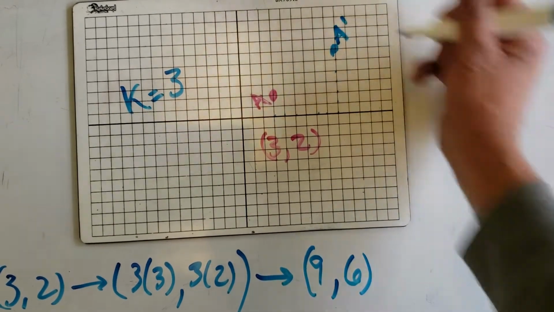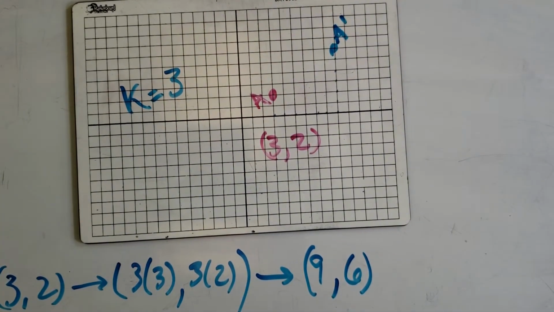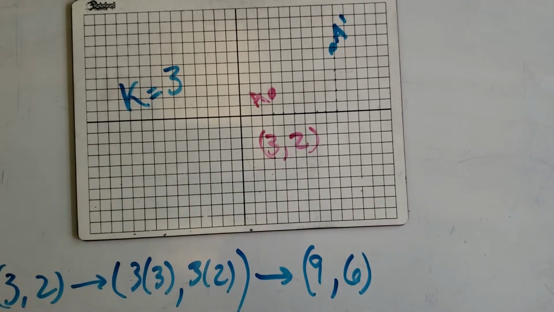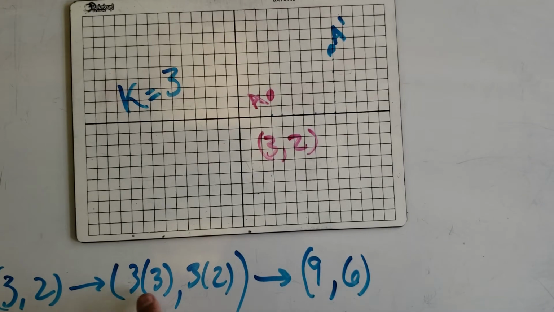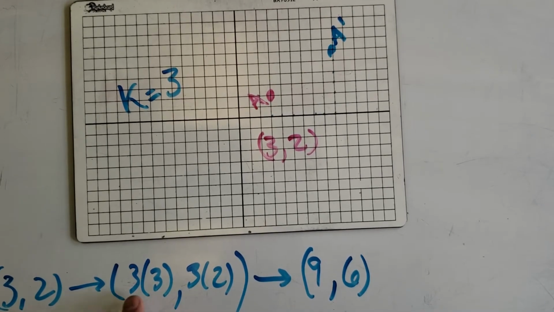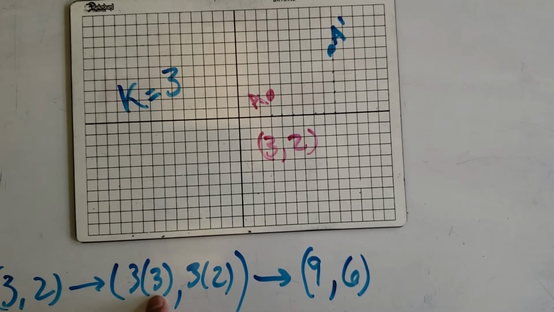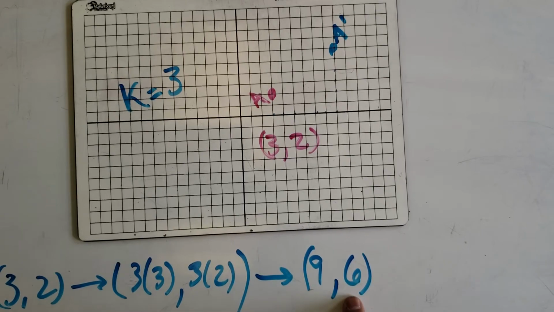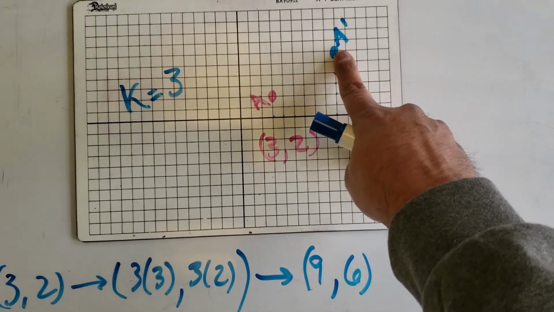So that right there is called A prime. That's how we apply the scale factor to a coordinate. All we do is take our original coordinate and multiply both by the scale factor, so k times x and k times y. That gives us our new point, which is A prime, 9 and 6, and we graph it over here.